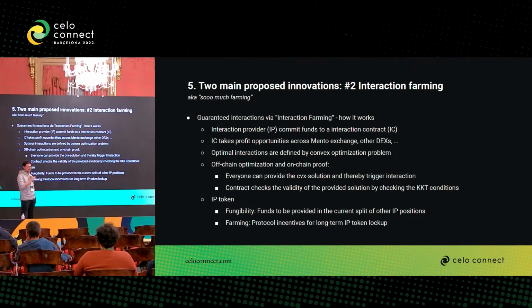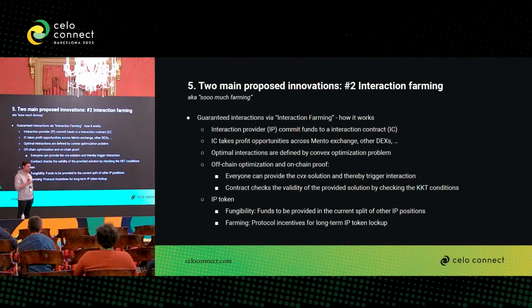And the way that is carried out is, well, the contract on deployment defines what it does via a convex optimization problem, right? It basically states, I will optimize this system in the following way, to create arbitrage freeness, for example, between DEXs. Now, you can actually do that by having off-chain optimization and then on-chain proof that the solution provided by folks is a valid solution to this optimization problem.